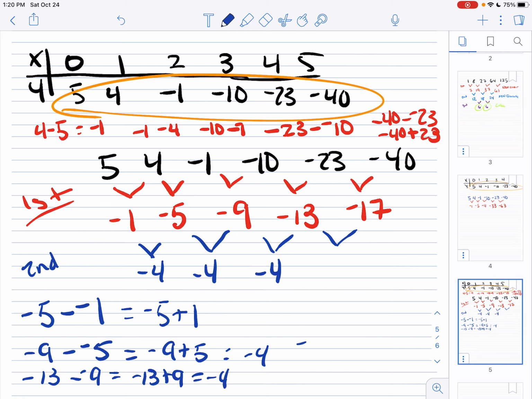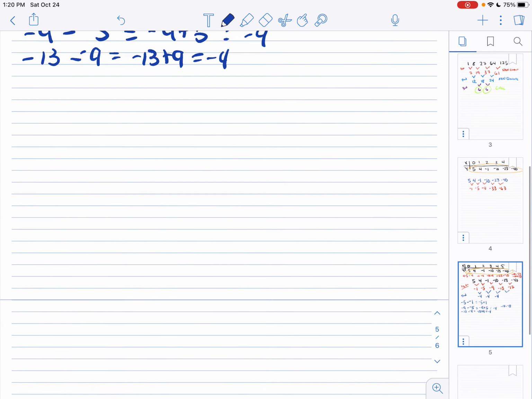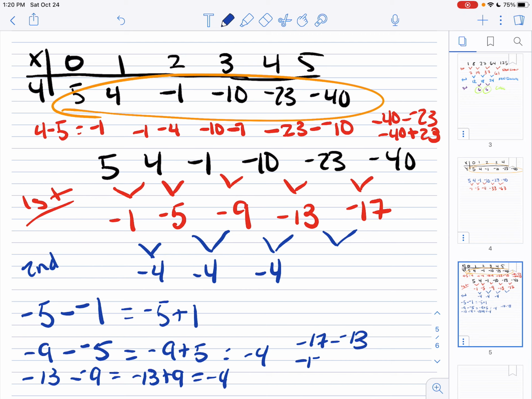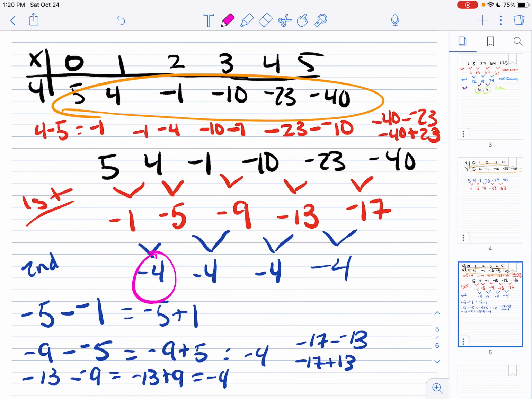And -17 minus -13 is -17 plus 13, which is -4. Clearly these numbers are all the same. We took our second difference and it is the same. So what kind of relationship do we have? Quadratic.